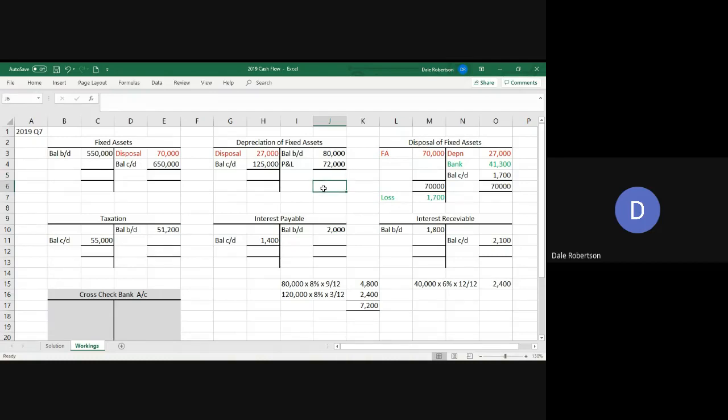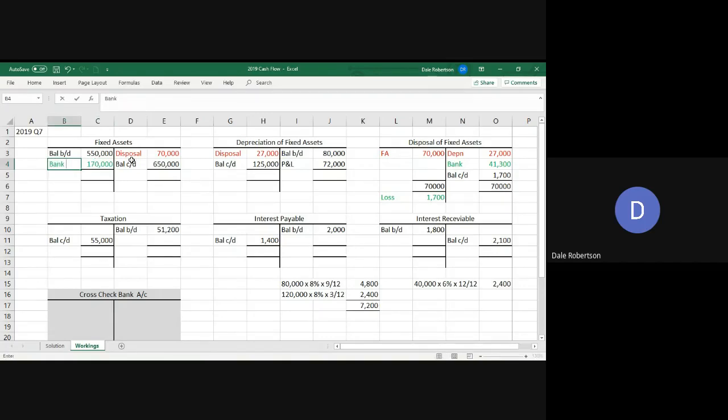Speaking of buying, over here, if we look at the actual fixed asset account, well, this does not balance. Here you have 720 on this side, you only have 550 on this side. So as well as being told about a figure that we disposed of, we must have also, even though we are not explicitly told, we must have also bought some fixed assets.